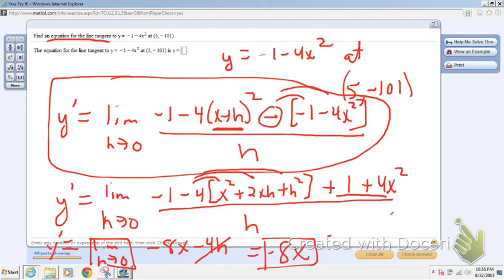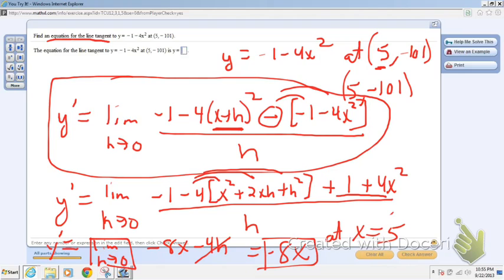Now what we want to do is evaluate that. Remember that given point was (5, -101). So we want to evaluate that at x equals 5. At x equals 5, -8 times 5 is -40.